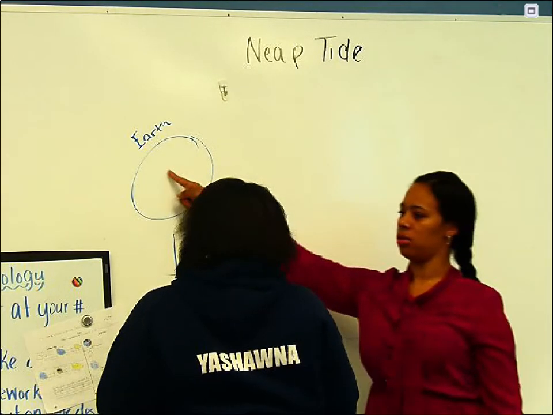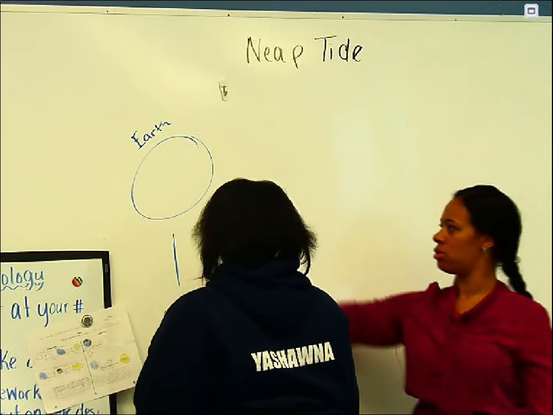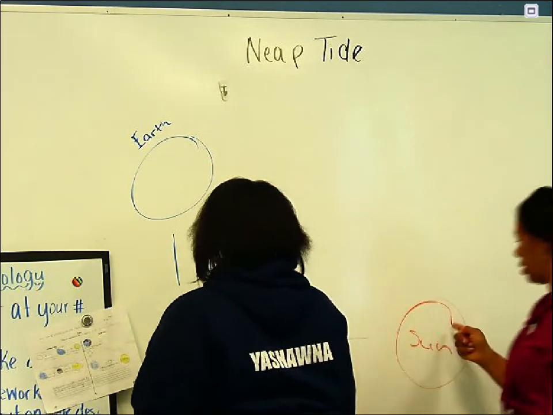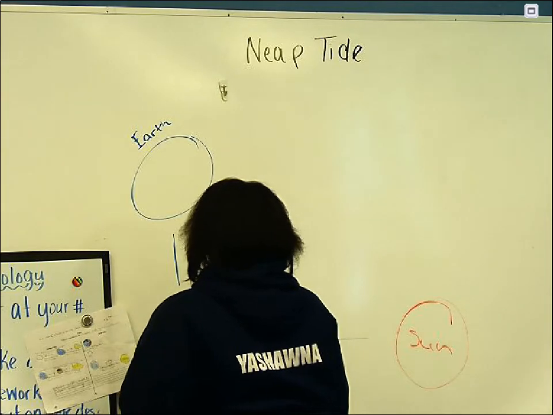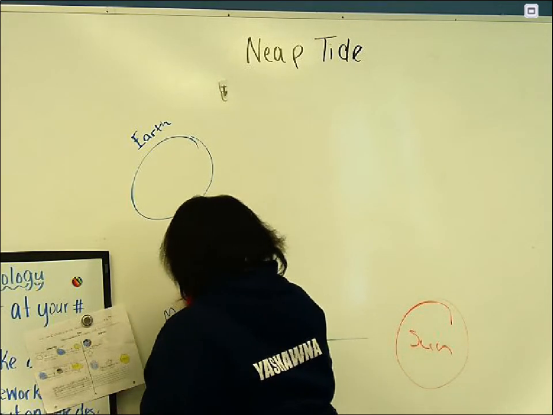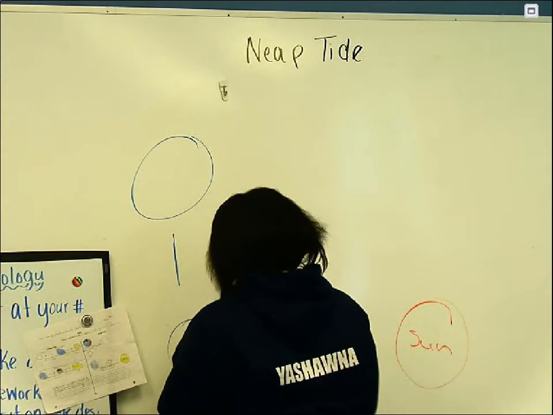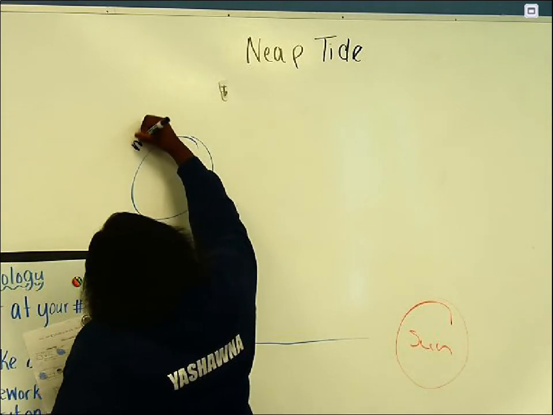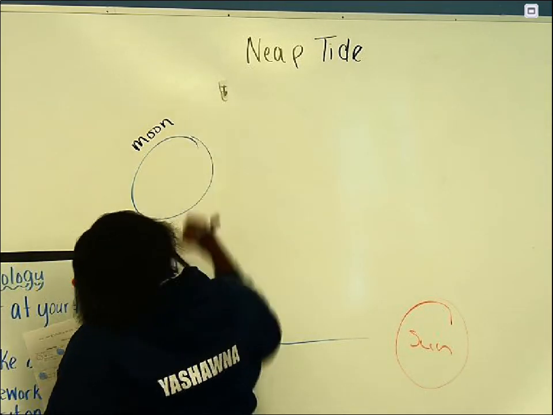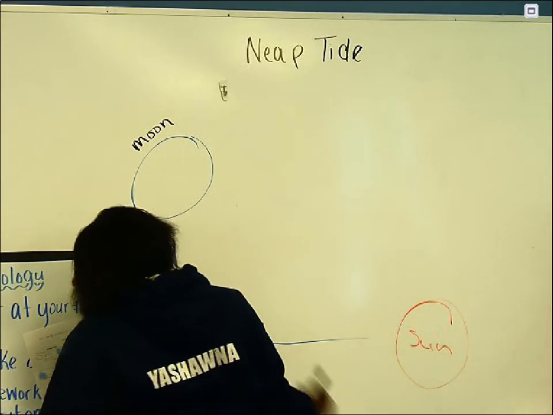How can the earth rotate around the sun if it's not even in line with it? The moon rotates around the earth. But the earth can never rotate around the sun being located there. You tell me. This is part of showing your true understanding of what you're doing. Because you would have to think about that, like, could this possibly be the earth? If it rotates around the sun, it couldn't be.